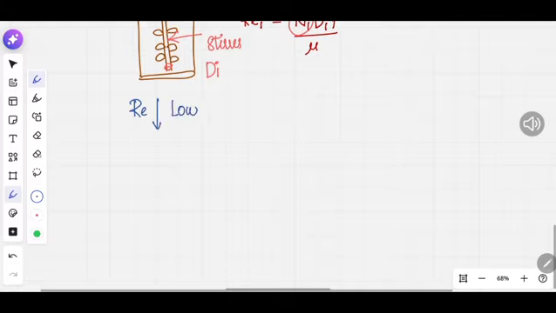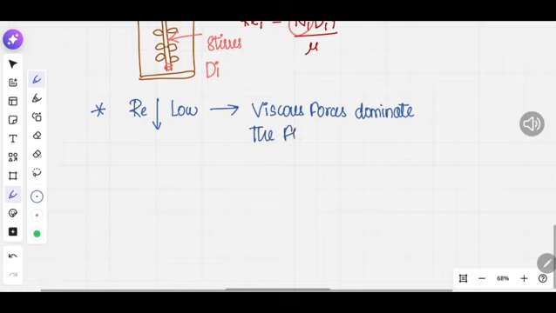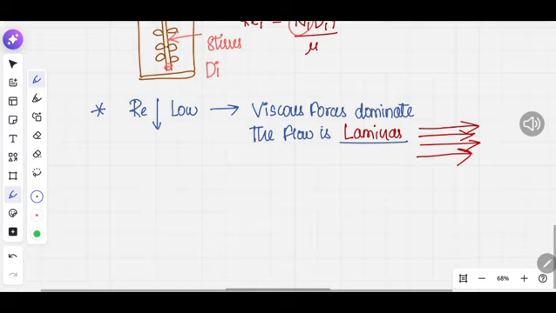If the Reynolds number is low, the viscous forces are going to dominate, and the flow will be laminar. Laminar means the flow is smooth. It is a laminar flow, which is a very smooth flow.